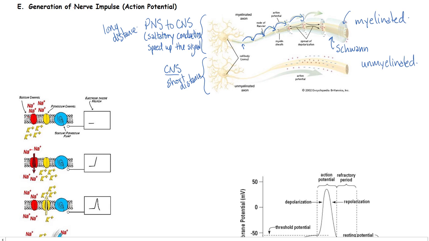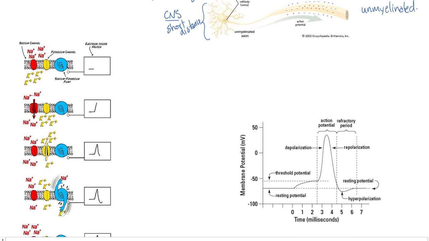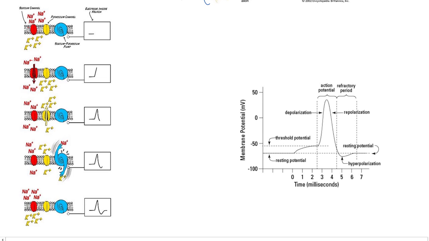And what we're going to start with here is looking down here. We're going to look at this graph and just go through the names of the processes. And then on the left-hand side, we're going to talk about each individual set of steps in what we call the action potential. So starting with step one, which maybe isn't really a step at all so much as maintenance, and that's what we call resting potential, okay?